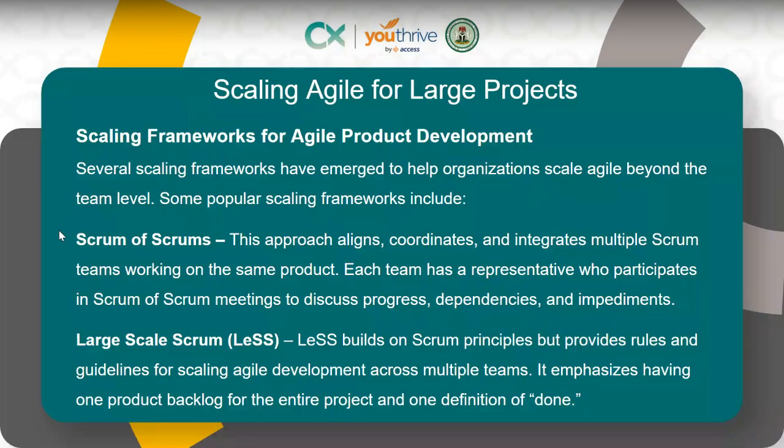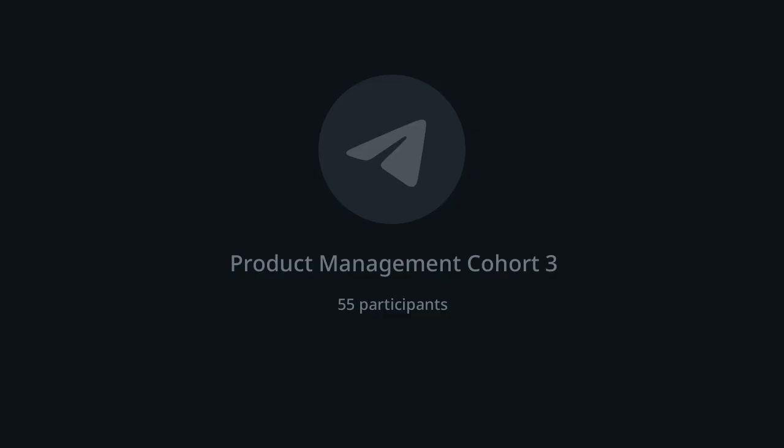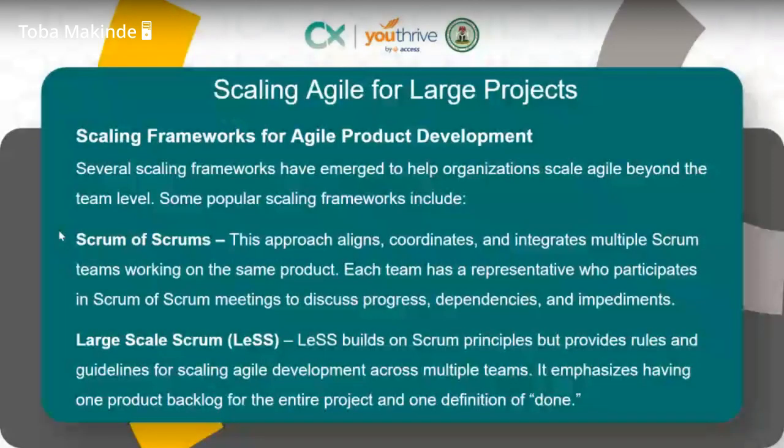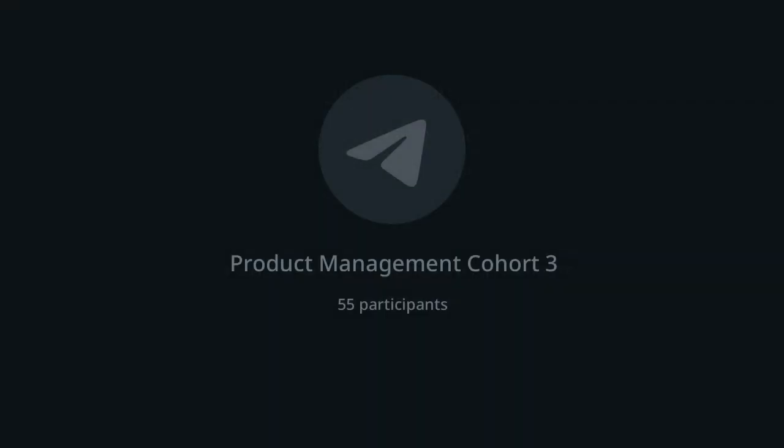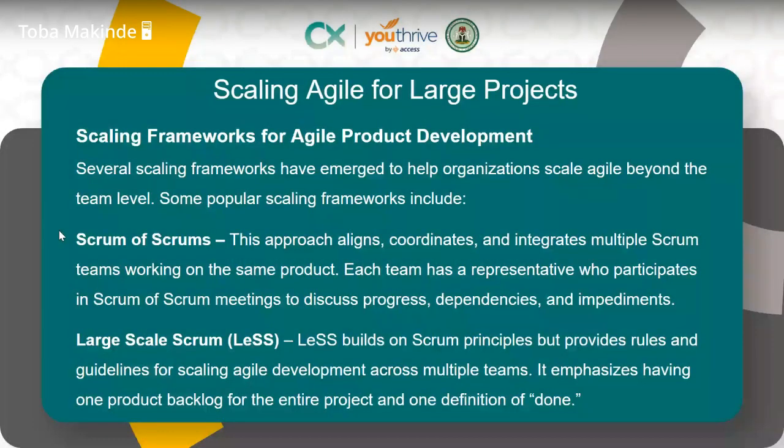All right, so this one is large-scale Scrum. Initially Scrum involves around 10, 12 people, but this one will likely have more than that, maybe about 30 to 40 or even more teams, but they're focusing on just one project.